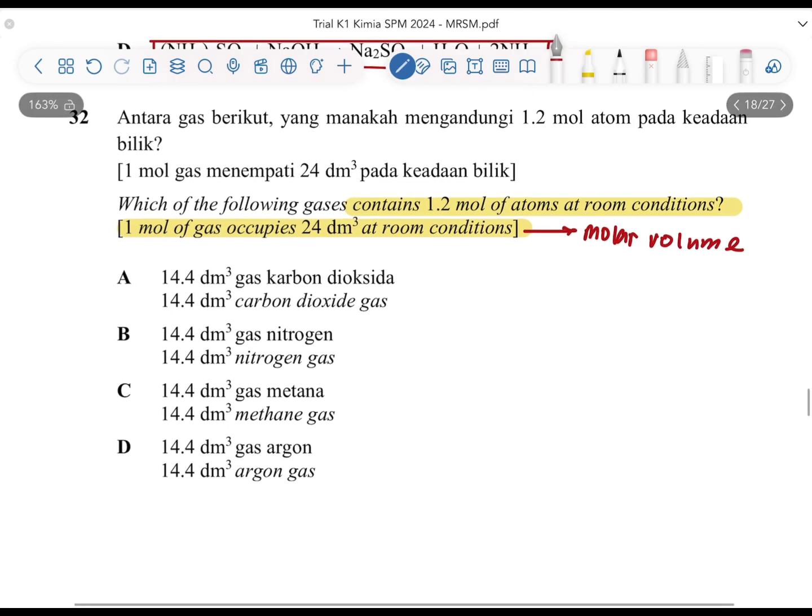Since the options A, B, C, D give the volume of the gas and we are provided with the molar volume, it means that we can find the number of moles of gas.